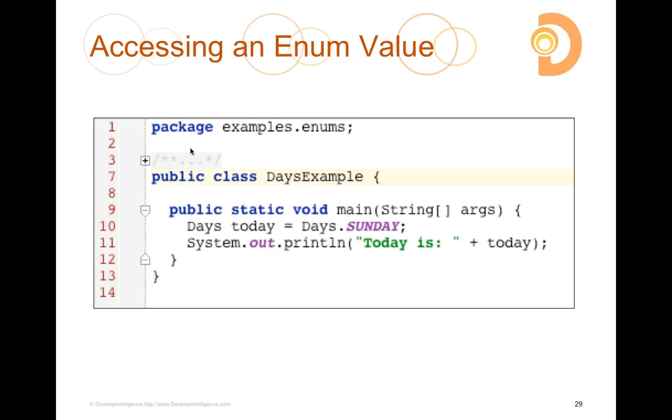So here's a real simple example of accessing an enum value. Again, assuming my enum is called Days, I have an enum instance called Sunday. On line 10, you can see that I would say Days.SUNDAY to grab that instance. On line 11, some very basic Java code, the kind taken out of a Java for Dummies type of book, I'm just taking a variable today, allowing the println method to do its magic to convert today into a string representation by calling toString, and then I print out the value.